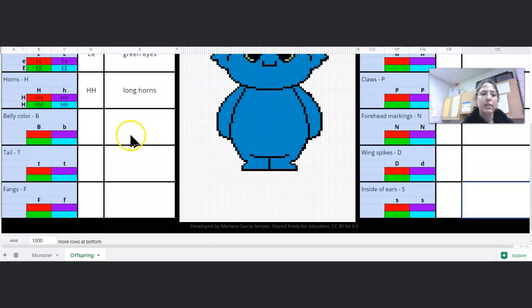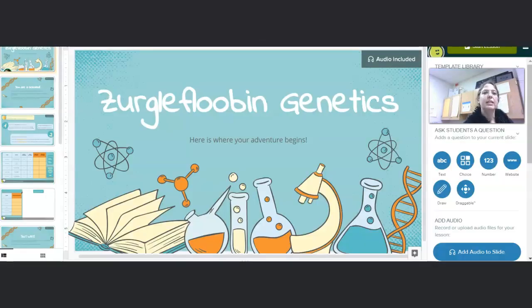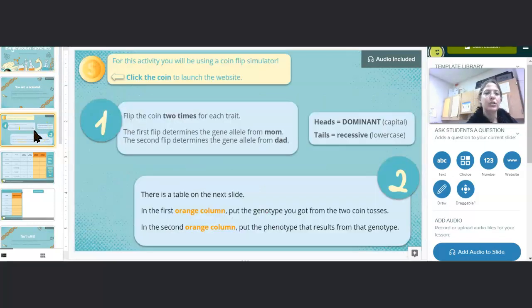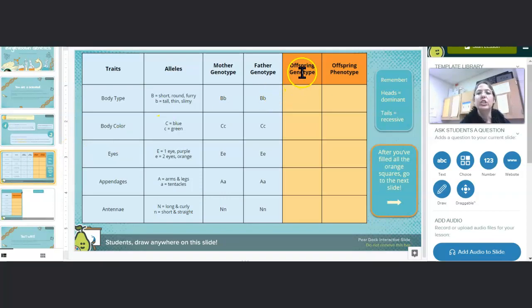After you have finished all of the Punnett squares, as the Edpuzzle taught you to do, you'll go to the next link in Google Classroom. If it's still up, it is called Zergel-Fluben Genetics. This one is the same idea. You're still flipping a coin to determine the genotype, and then you're looking to see what the letters represent for phenotype.